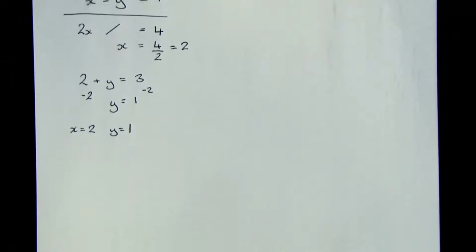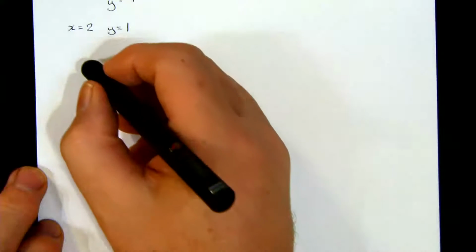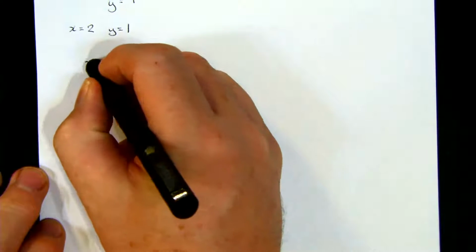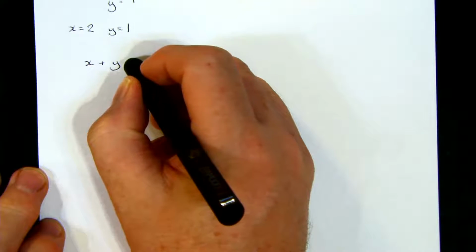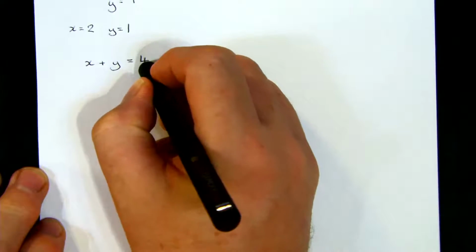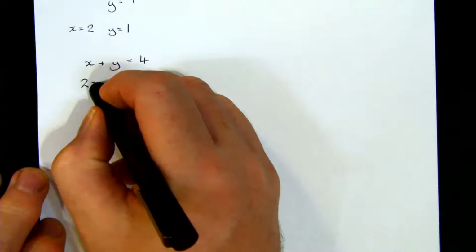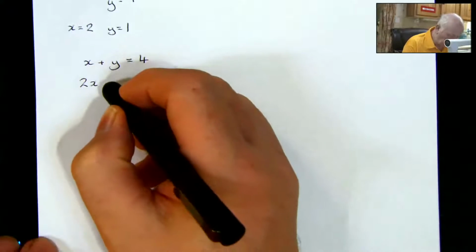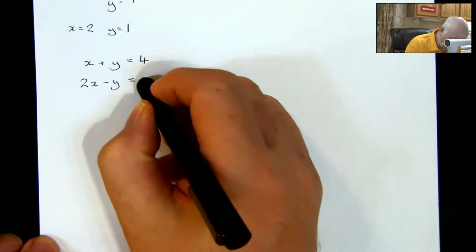To give you a better idea, let's have a look at another one. This time x plus y equals 4, and 2x minus y equals 5.